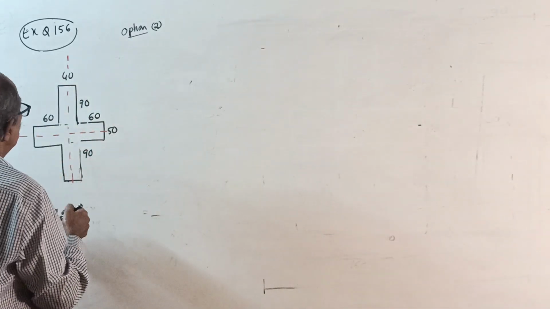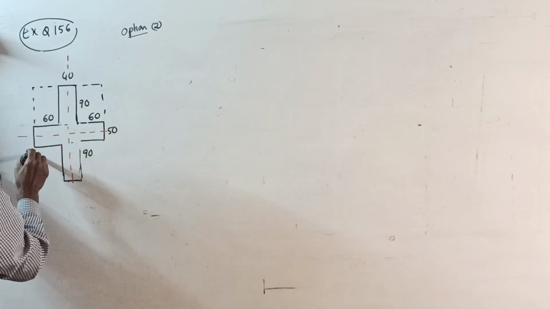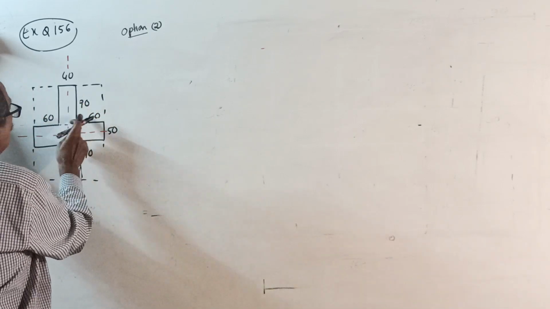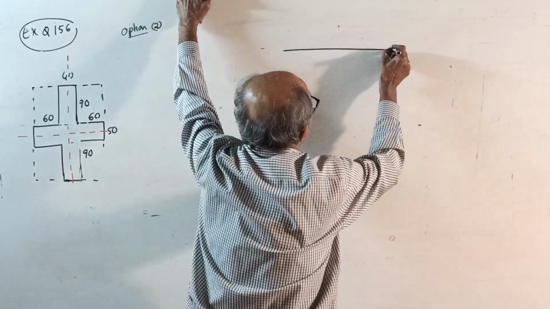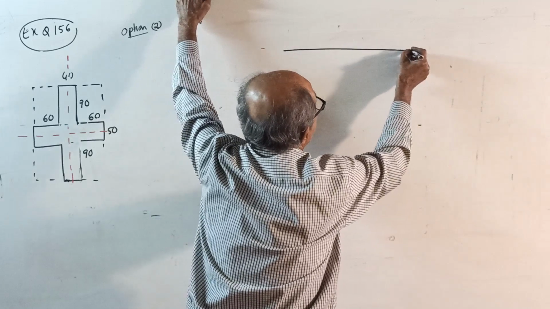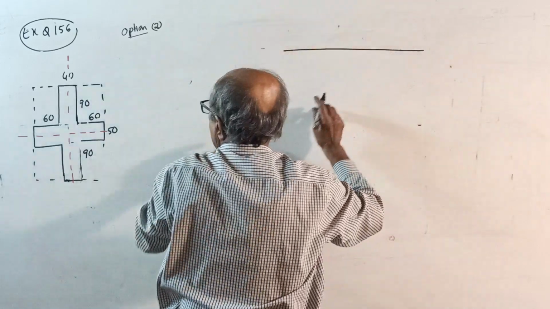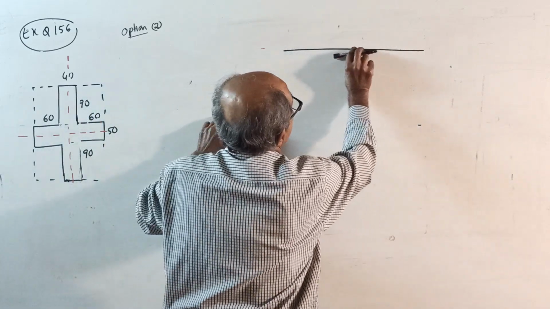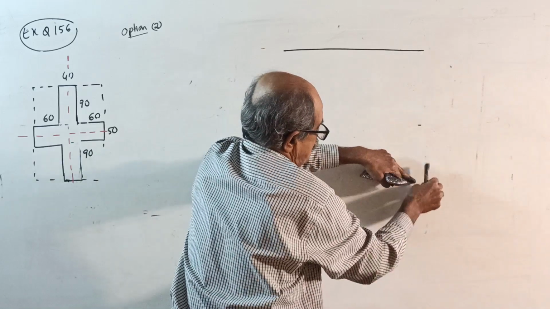In option 2, I will take one full rectangle here. See how much it is? 60 plus 60, 120, plus 40, 160. 160 is the full rectangle. 160 by 90 plus 90 plus 50 is 230. 50, 100, 150.